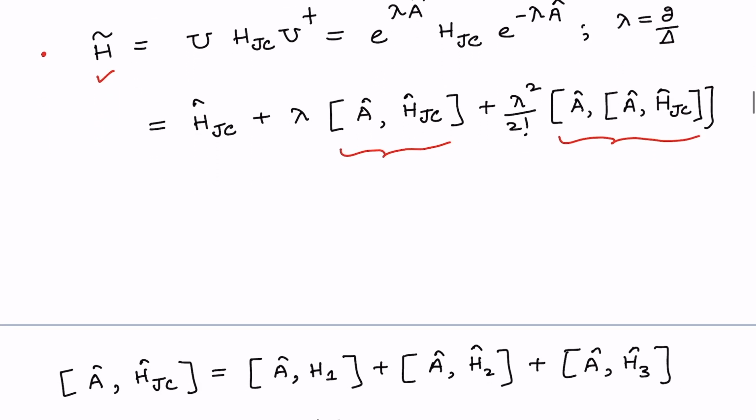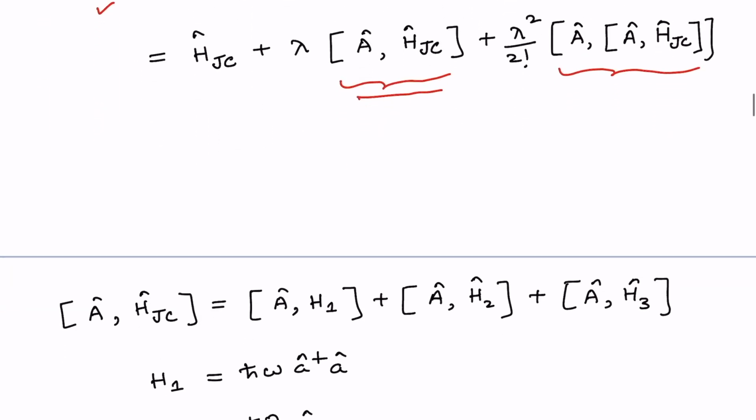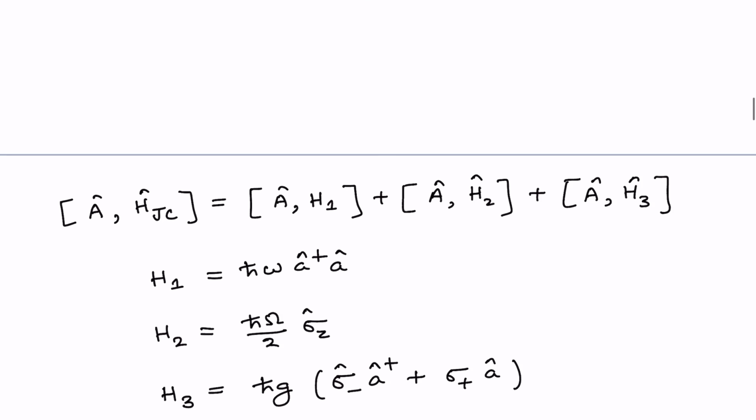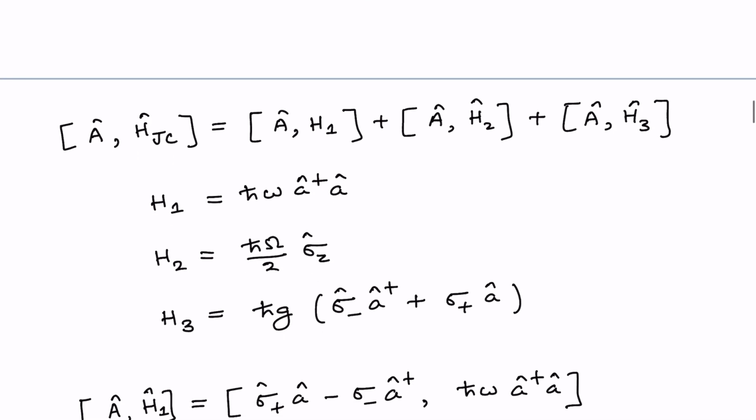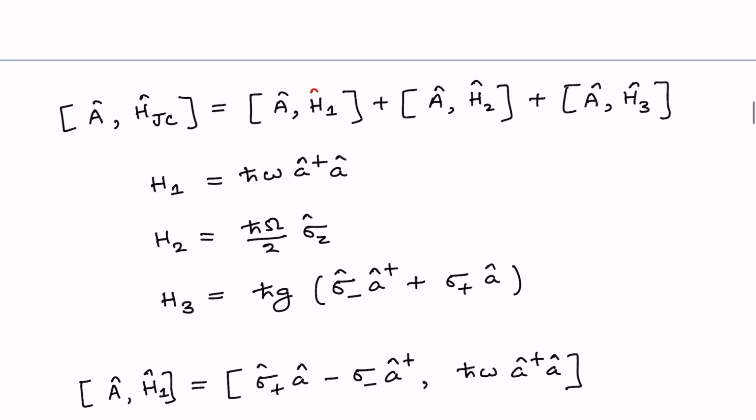First, let me find the commutation between A and the Jaynes-Cummings Hamiltonian. The Jaynes-Cummings Hamiltonian has three parts, H1, H2 and H3. H1 is h bar omega a dagger a. H2 is h bar capital omega by 2 sigma z, and H3 is h bar z (sigma minus a dagger plus sigma plus a).